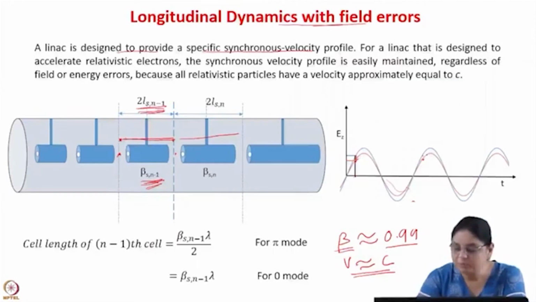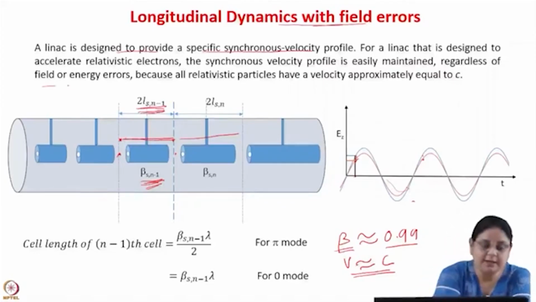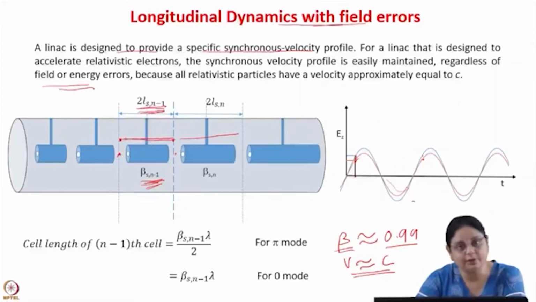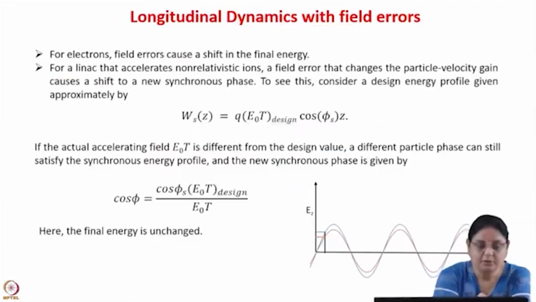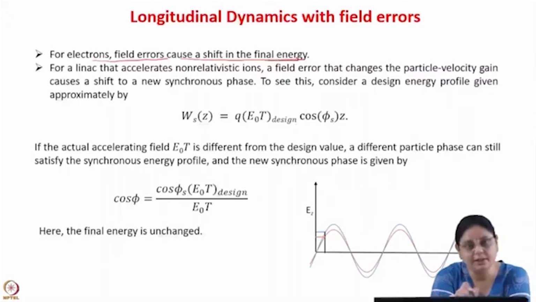So as it moves from one gap to the other, it will arrive at the right time and see the right synchronous phase, but the energy gain in each gap will now be less. So the energy gain changes for a field error in the case of an electron accelerator. So for electrons, the field errors cause a shift in the final energy.